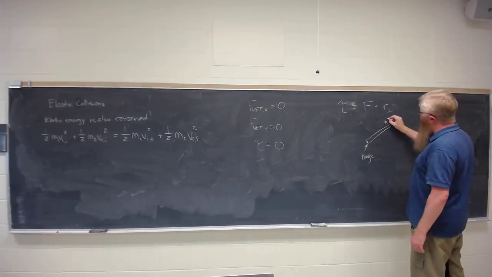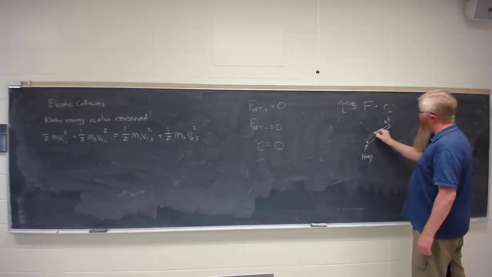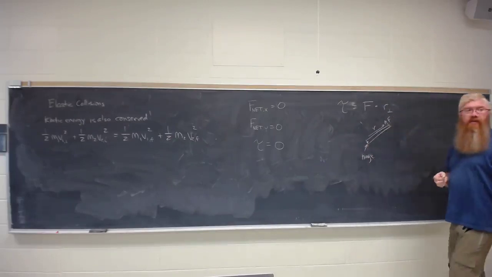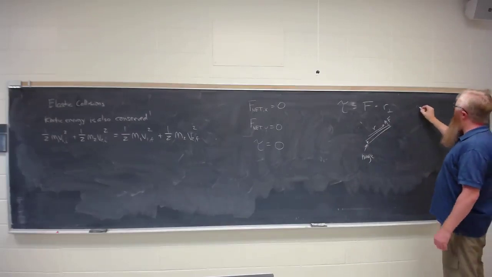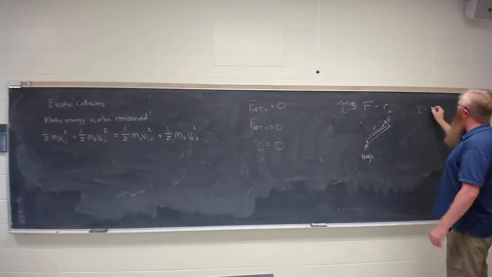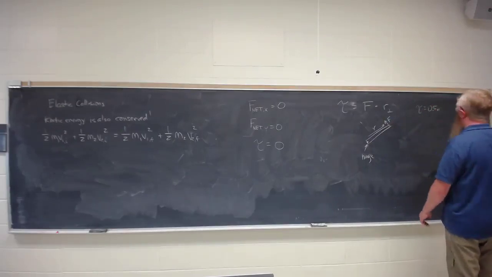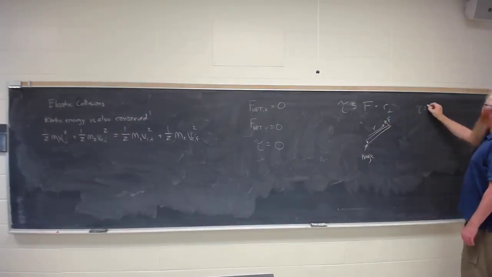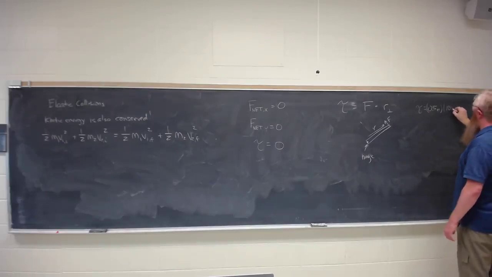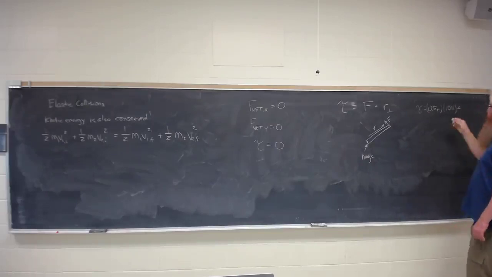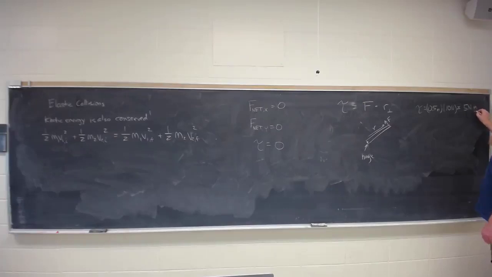You apply a force when you open a door, and you know what the radius is. If the door is, let's say, half a meter across, actually probably more than that, and the force is, say, 10 newtons, then you can figure out what the torque is. In this case, it would be 5 newton meters.